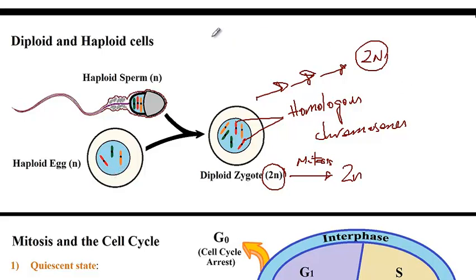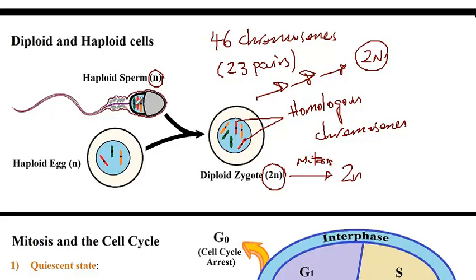So humans have 46 chromosomes, or the other way to say it is that they have 23 pairs of homologous chromosomes. Sperm and egg, on the other hand, in humans, each contain only 23 chromosomes. And since they are haploid, it's called N.